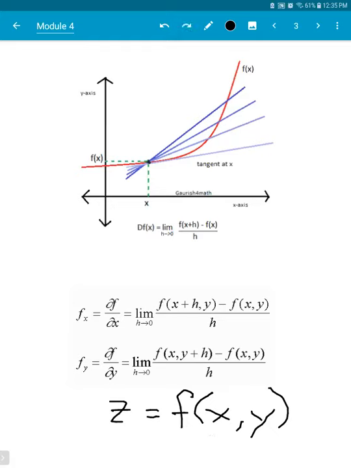So that instead of having an ordered pair, you will have an ordered triple. Instead of having a two-dimensional coordinate system, you will have a three-dimensional coordinate system, and thus you will have to add a z-axis aside from the x and y axis. And instead of a curve right here, you will have a surface.